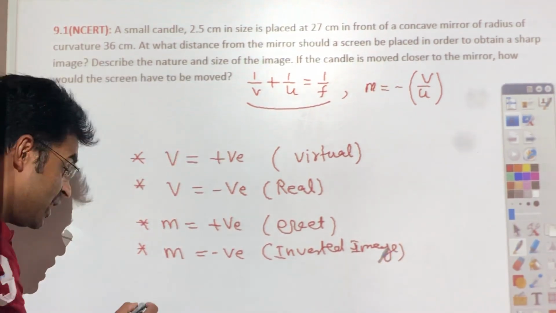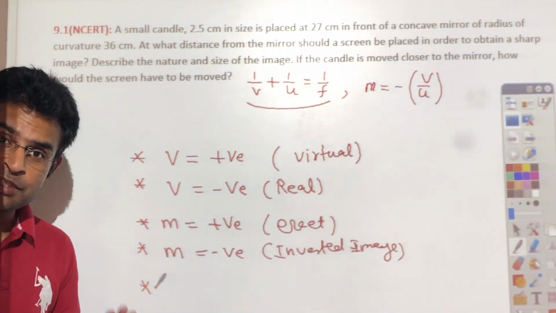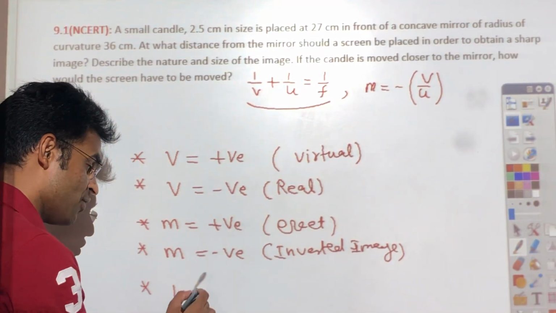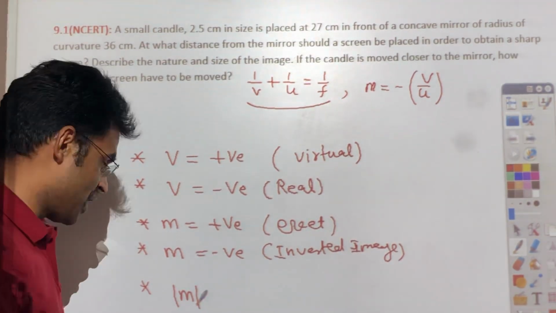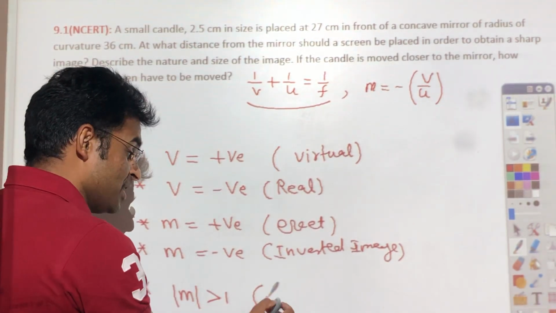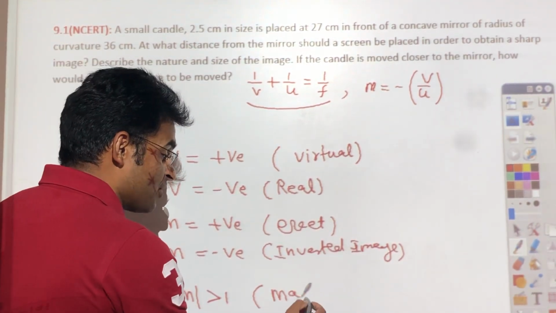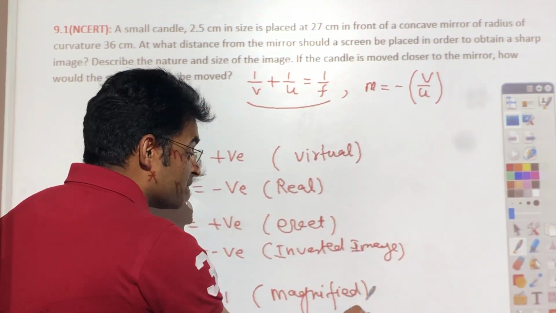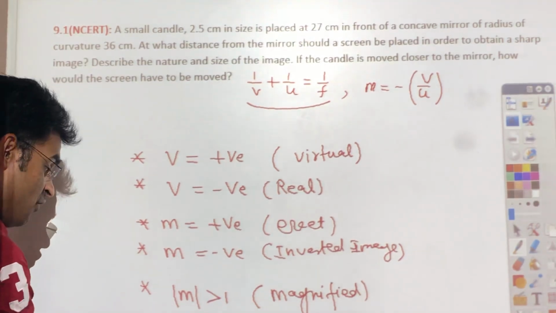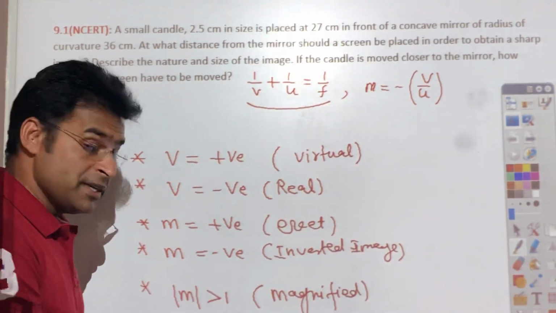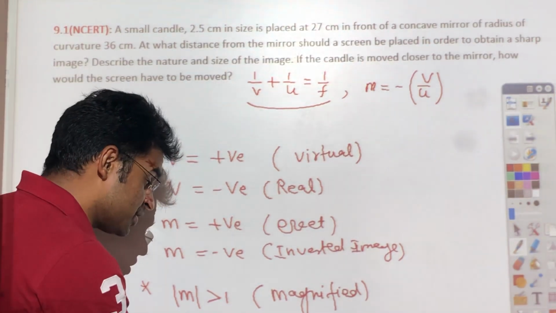And the magnitude of magnification, meaning only the positive value, if it is greater than 1, the image is magnified, or you can say enlarged. And if m is less than 1, the image will be diminished.